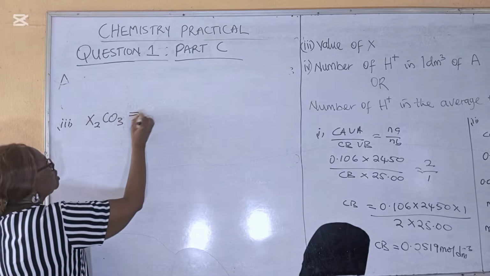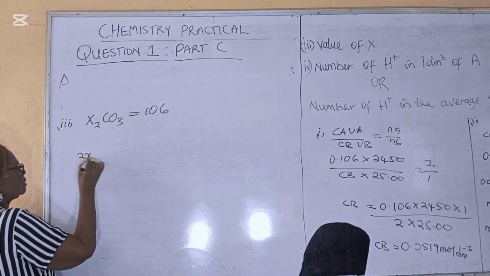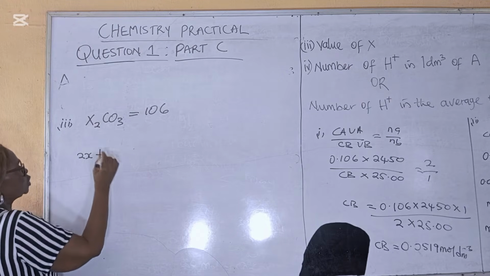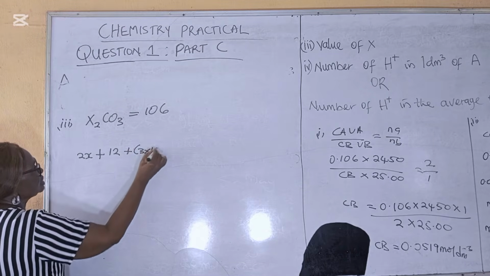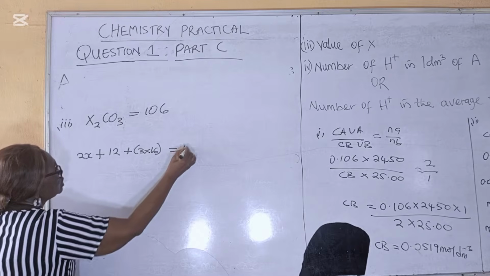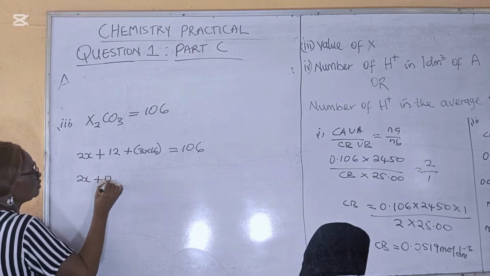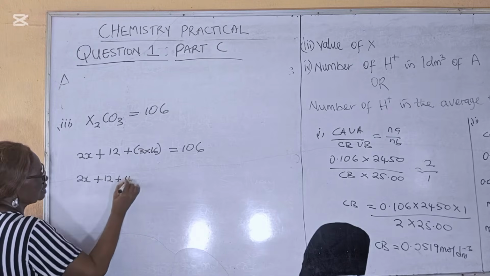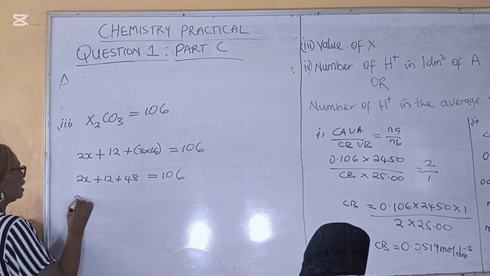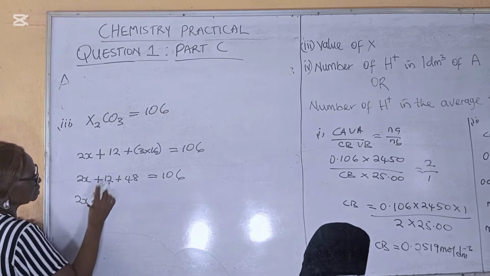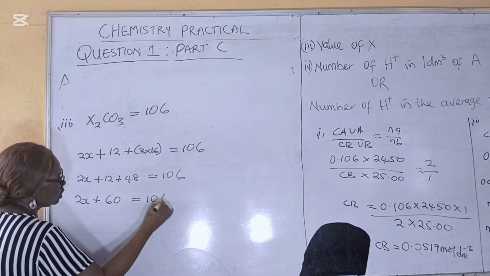So equate it to molar mass. 2X plus 12 plus 3 times 16 equals molar mass. Then 2X plus 12 plus 48 gives 2X plus 60 equals 106.